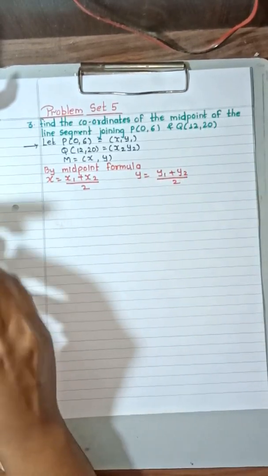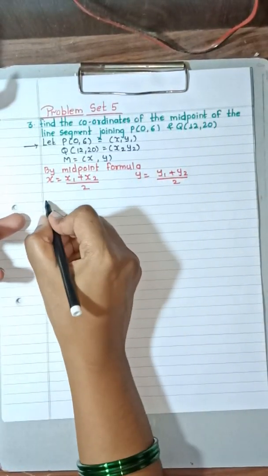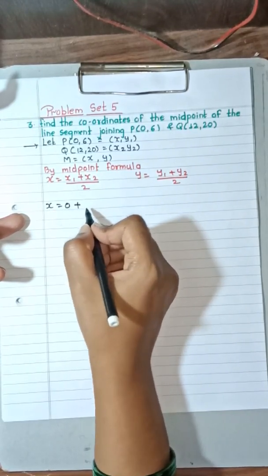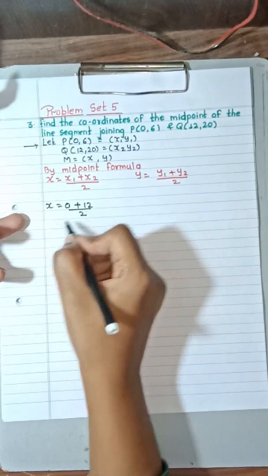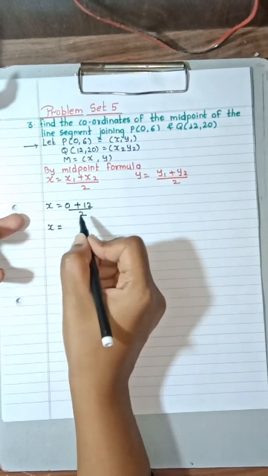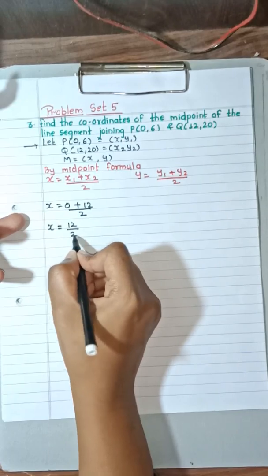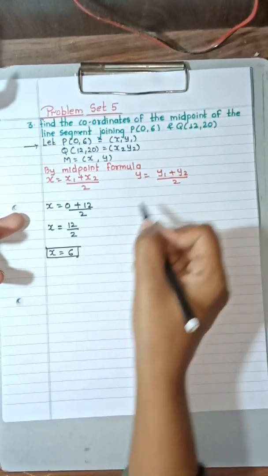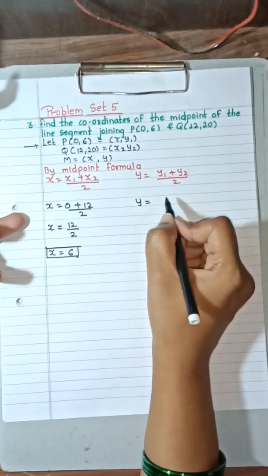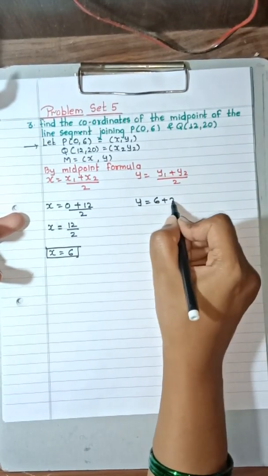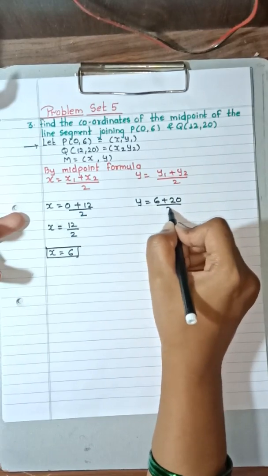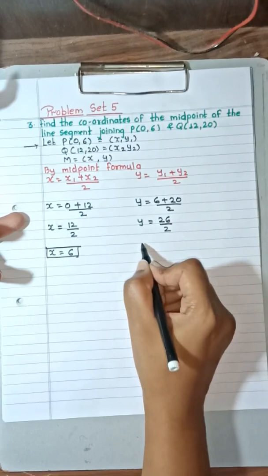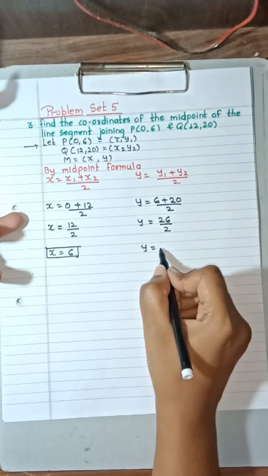So here now I'll put the values. x is equal to, what is x1? x1 is 0 plus x2 is 12 upon 2. Therefore x is equal to 12 upon 2, so the value of x will be 6. Similarly y is equal to y1, which is 6, plus y2, which is 20, upon 2. Therefore y is equal to 26 upon 2, so the value of y will be 13.